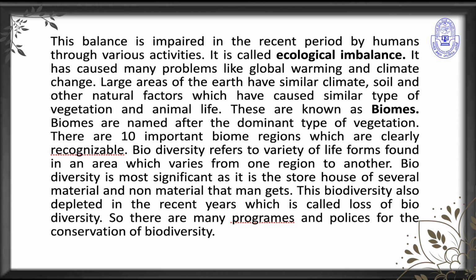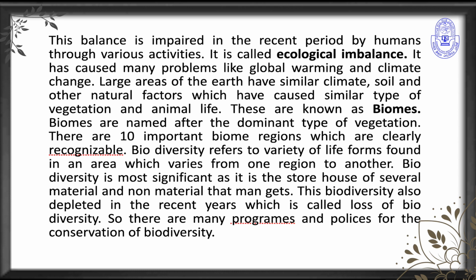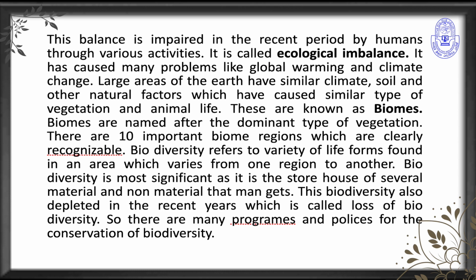Large areas of the earth have similar climate, soil, and other natural factors which have caused similar types of vegetation and animal life. These are known as biomes. Biomes are named after the dominant type of vegetation. There are 10 important biome regions which are clearly recognizable.